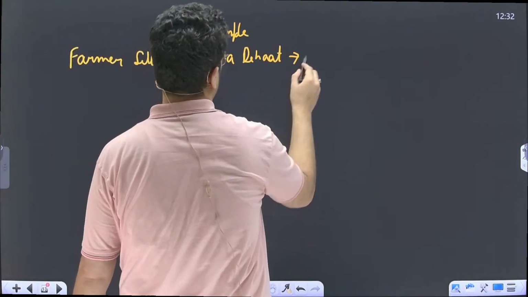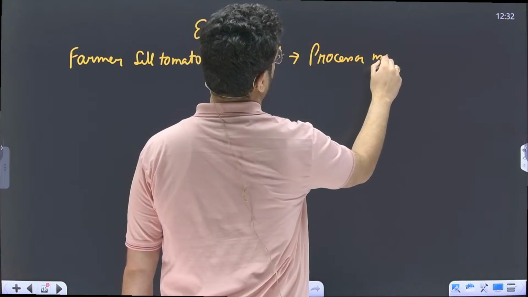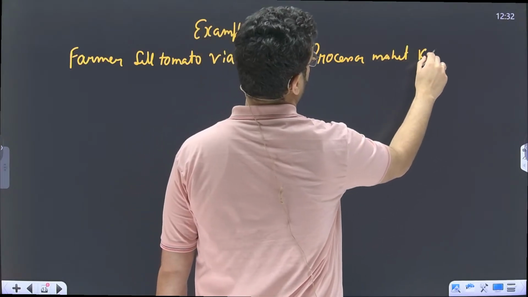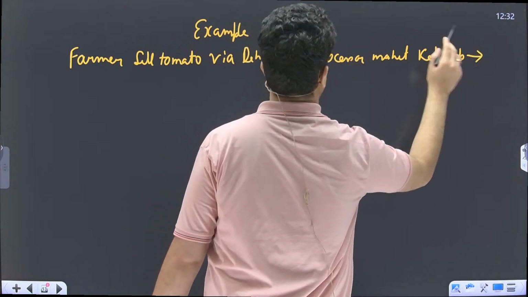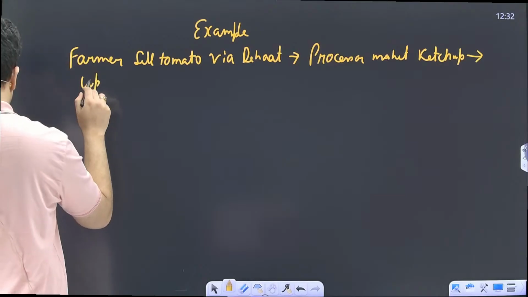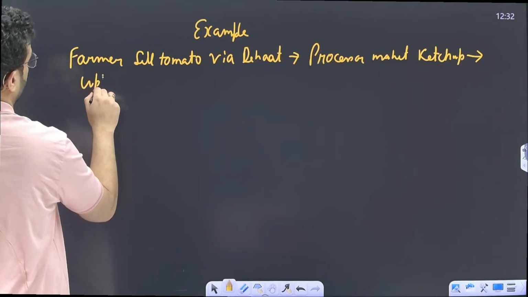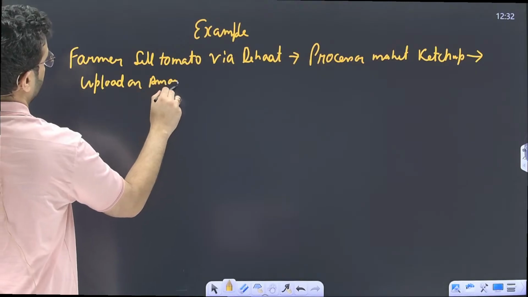Processor makes ketchup. Tomato ketchup he can make. Upload on Amazon.